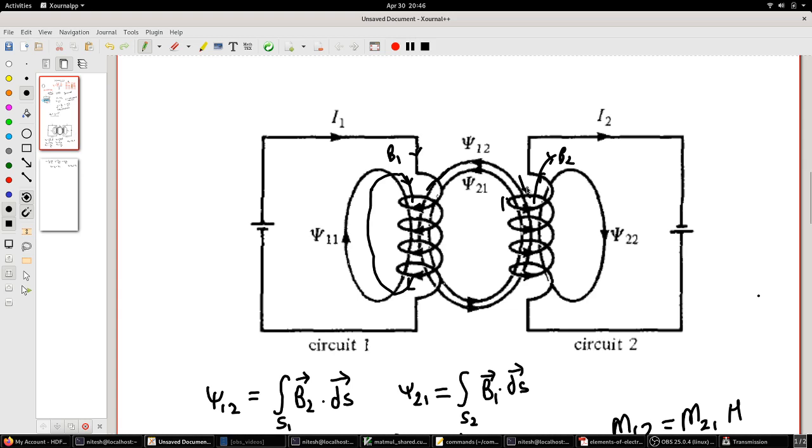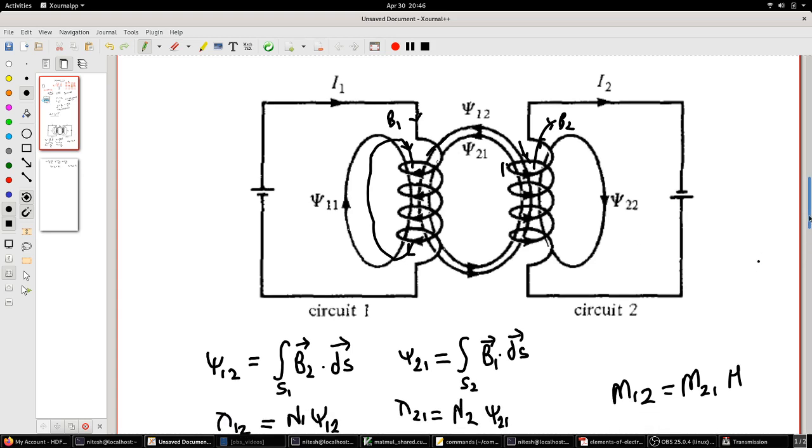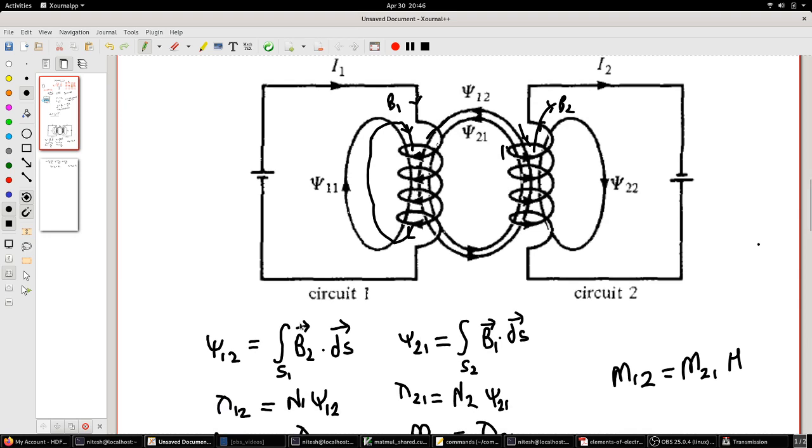So first, let's define the flux. Let's assume that psi12 is the flux because of B2 passing through this coil here. There are N1 turns of coil 1 and N2 turns of coil 2.